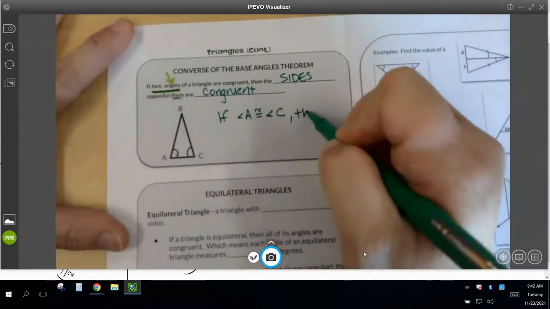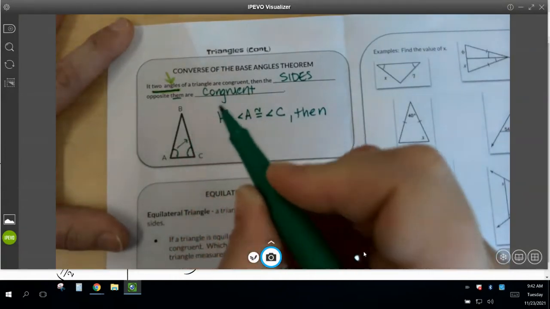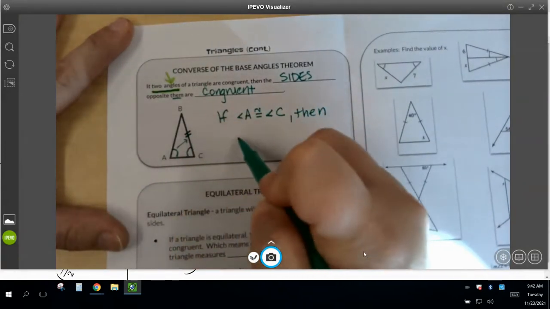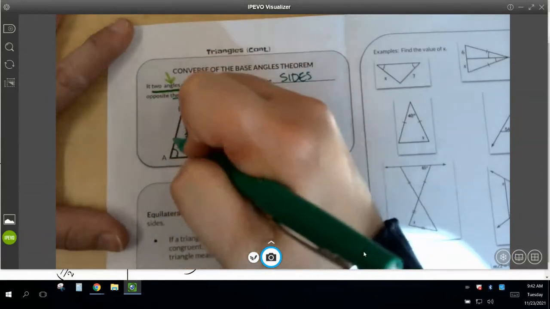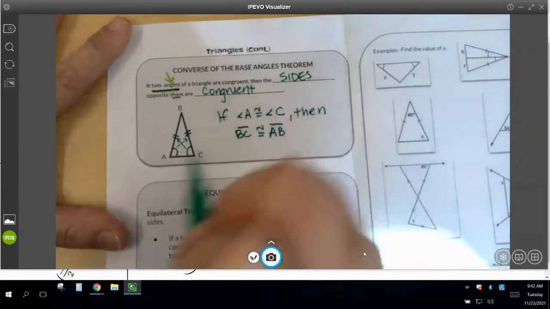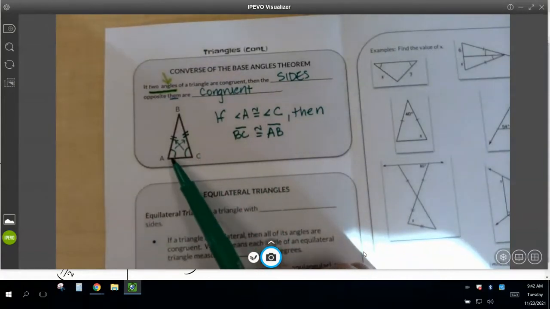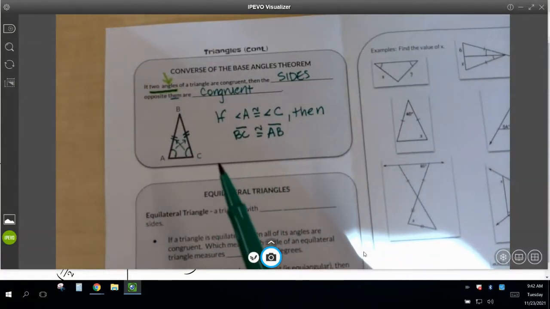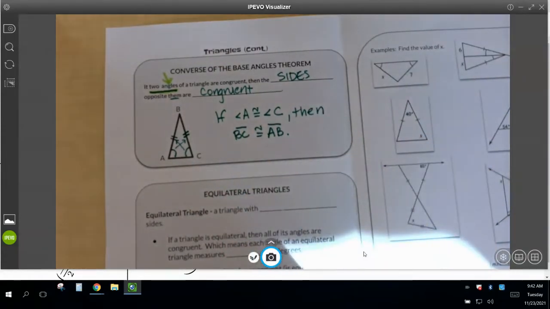The side that's opposite angle A would be side BC, and the side that's opposite angle C would be side AB. Those two sides would be congruent to each other as well. So if we have two angles at the bottom that are congruent to each other, those would be our base angles. Then the triangle is isosceles, and we have two congruent sides as well.